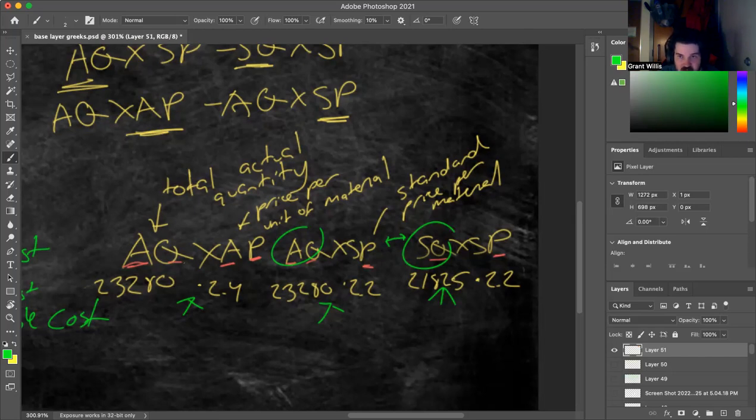Well, these are all separate numbers. This is one number, this is one number. For the efficiency variance, on the card you have AQ times SP minus SQ times SP. Basically you want to solve out each number, and then from there you can subtract where you want.